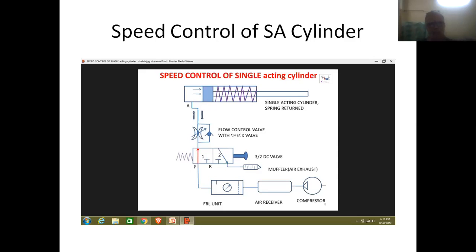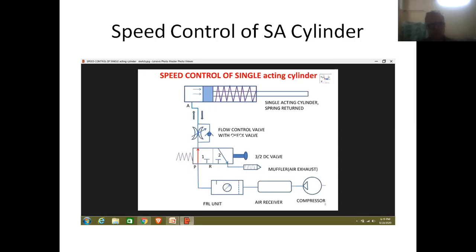So friends, as a whole, flow regulators will be controlling the quantity of fluid, and thereby the flow regulators will be controlling the speed of the fluid. So on one hand, they are referred to as flow regulators, and on the other hand, they are also referred to as speed regulators.